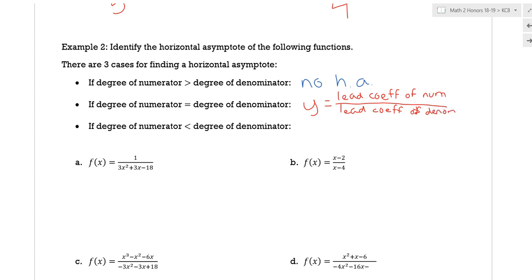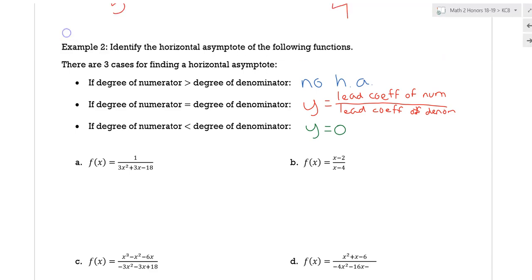Okay, so really when they're equal, you're going to get a number, whatever that number may be. When the degree of the numerator is less than the degree of the denominator, you get y equals 0. Okay. So these are our 3 rules. We'll have to kind of like memorize those 3 rules.